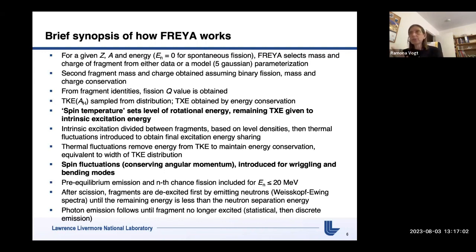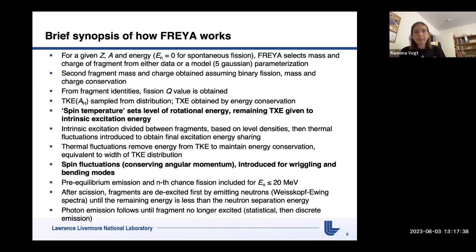When you get close to the neutron separation energy, there's more competition, but typically there's not a lot before that. So we deal with the intrinsic excitation energy first, because the spin temperature that sets the level of the rotational energy of the fragments is mainly dealing with photon emission. That's how the photons get boiled off and slow down the spin of the fragment.